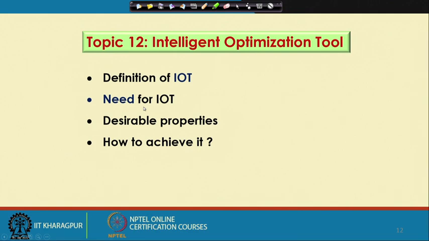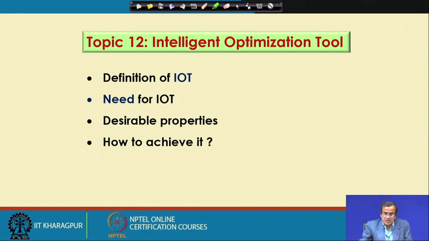Now, what is the need? If you want to solve real world problems in a more efficient way, you will have to go for an intelligent optimization tool. Now, how to achieve it? There are several ways. A lot of work has been carried out, and a lot of work is yet to be carried out to design and develop the intelligent optimization tool.